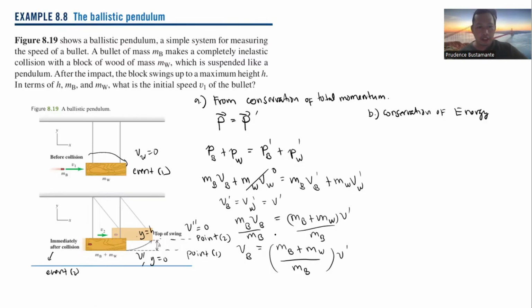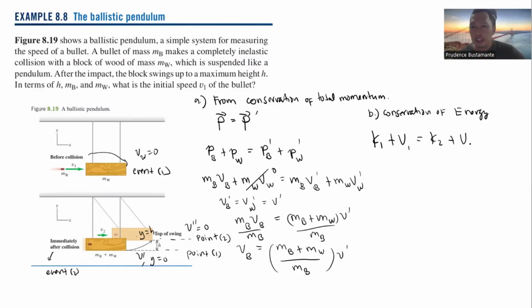Okay, from the conservation of energy, the total mechanical energy, we can write this as K1 plus U1 equals K2 plus U2. This is gravitational potential energy because gravity is the only force doing work.